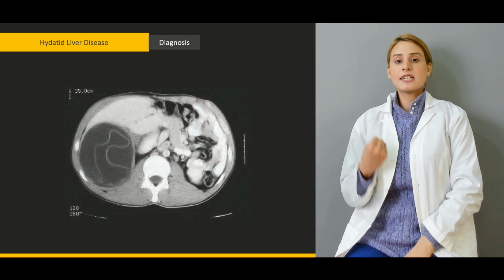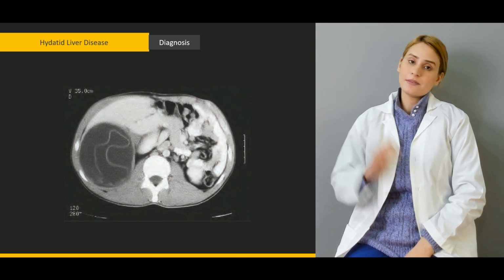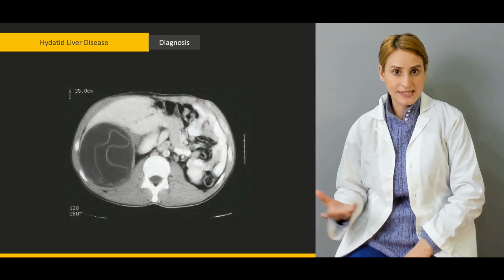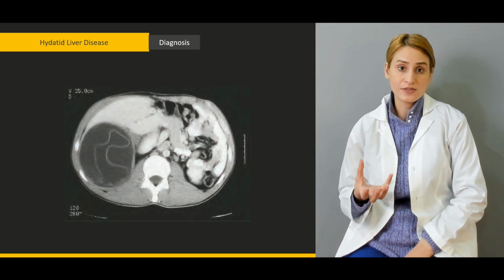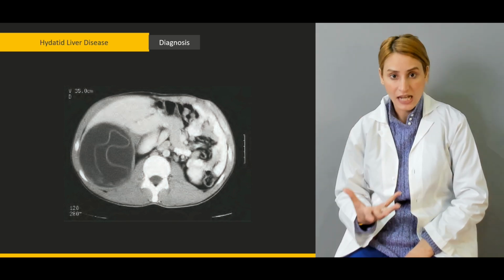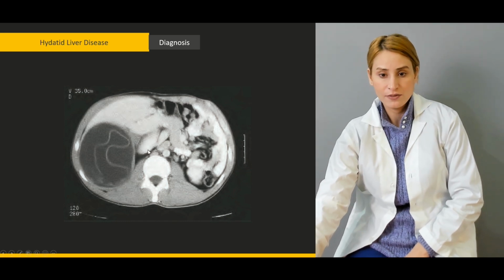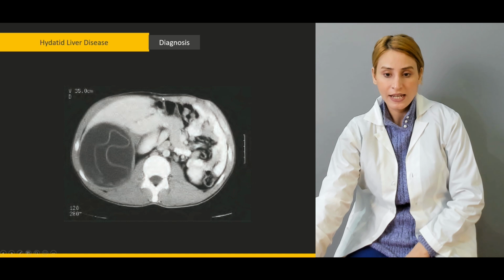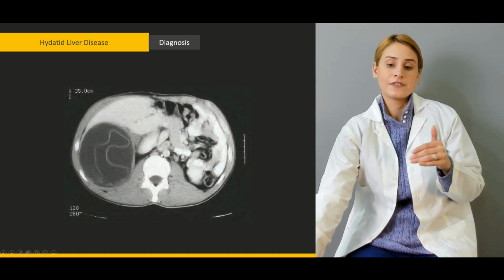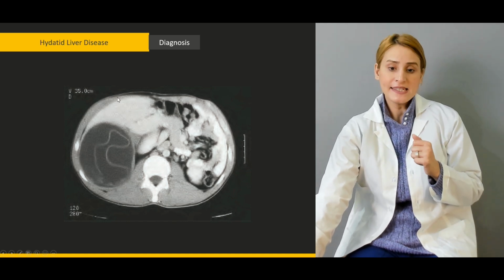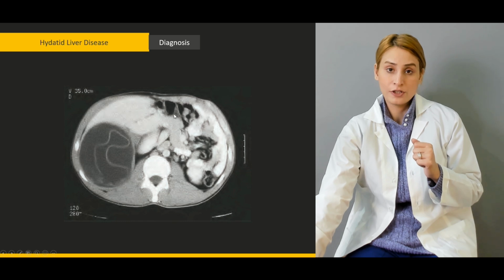So talking about the diagnosis: ultrasonography and the CT scan, but CT is more diagnostic if we talk about hydatid liver disease. And this is actually the CT scan of the liver, and you can see the cut section at the level of the liver, and this is the whole of the liver parenchyma.